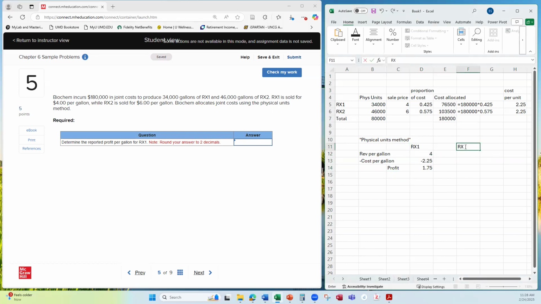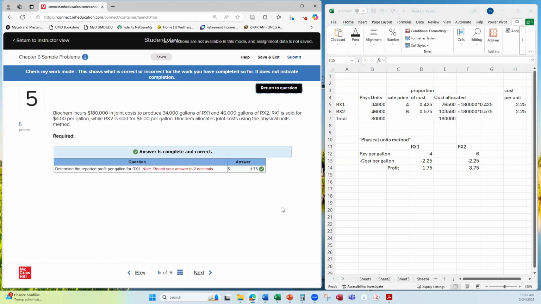And then for RX2, we had a sale price of $6 and a cost of $2.25. So that one, RX2, has profit per gallon of 3.75, but they're just asking us for the RX1, so that's the $1.75.